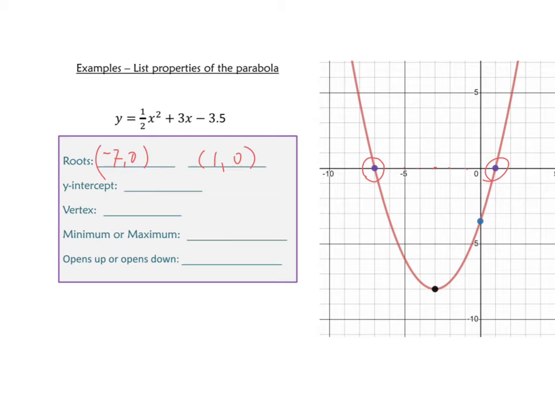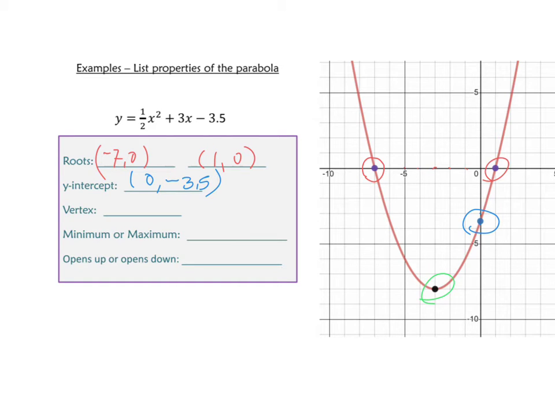Y-intercept, remember that's where it crosses the y-axis, which means x would be 0. But what is y? 1, 2, 3. Looks like about 3.5. And of course it would be negative 3.5. The vertex, well, the vertex is right here. That's the very point of the graph.